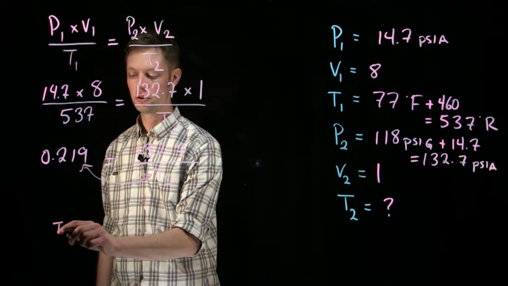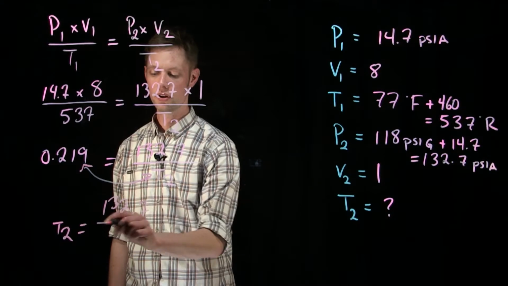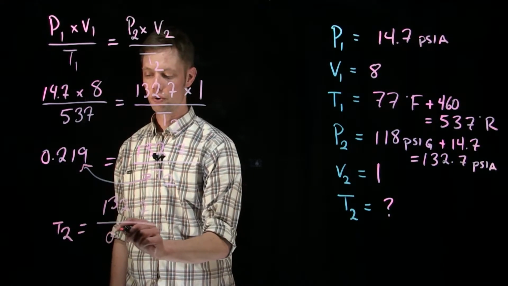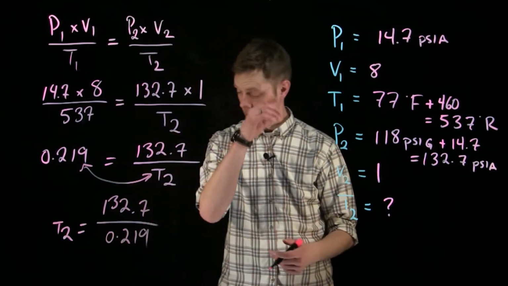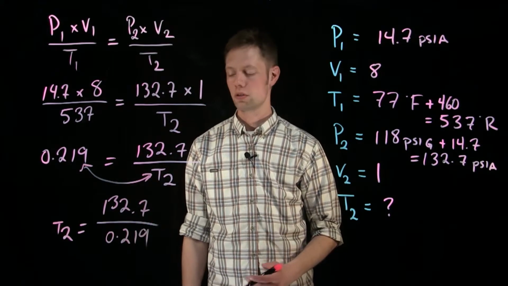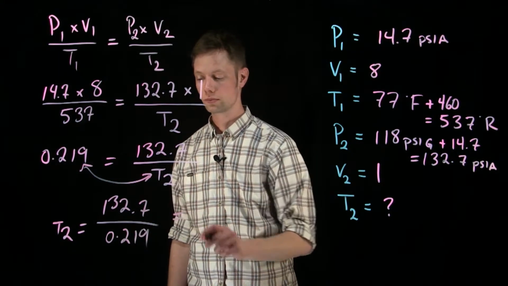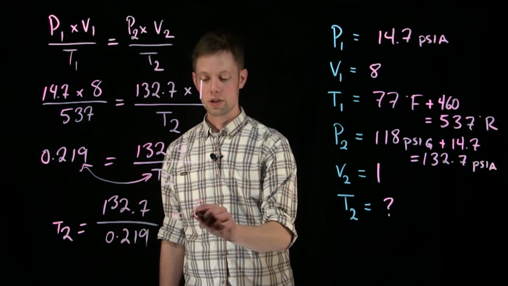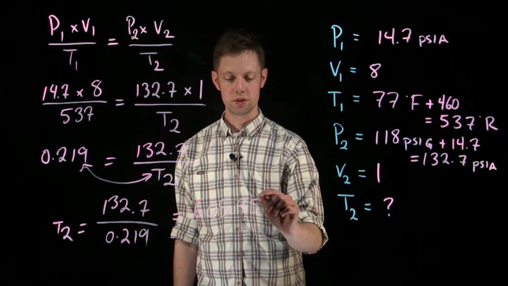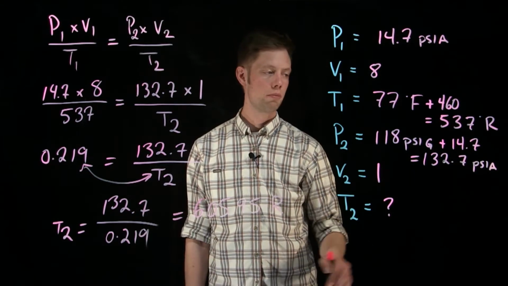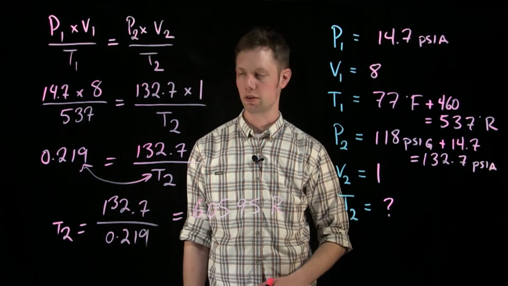So it becomes T2 is equal to 132.7 divided by 0.219. That'll be the easy way of figuring this out instead of doing the long algebra and everything else. Works quite well. The answer, 605.95 degrees Rankine. Remember, we started in Rankine here, so the T2 will be outputted in Rankine.